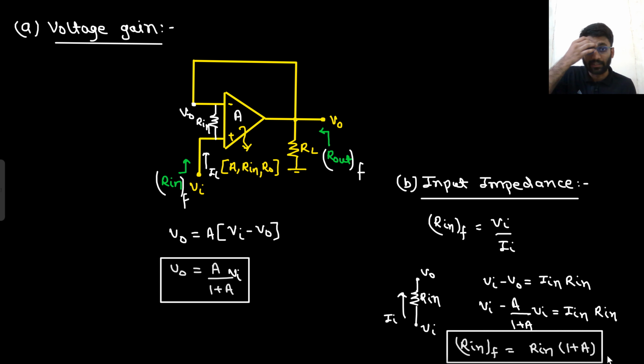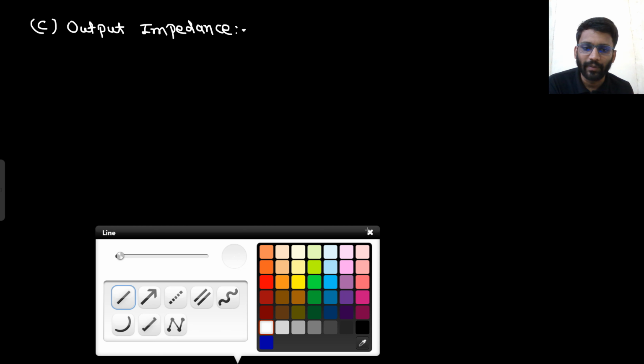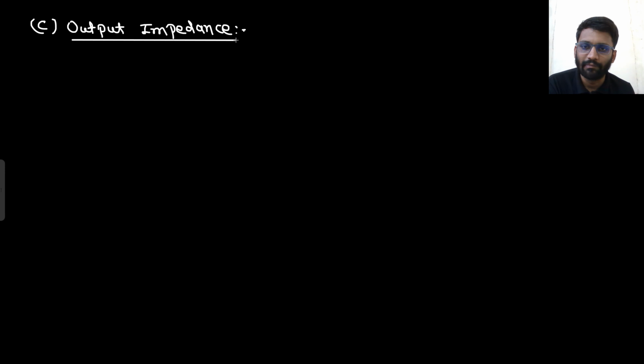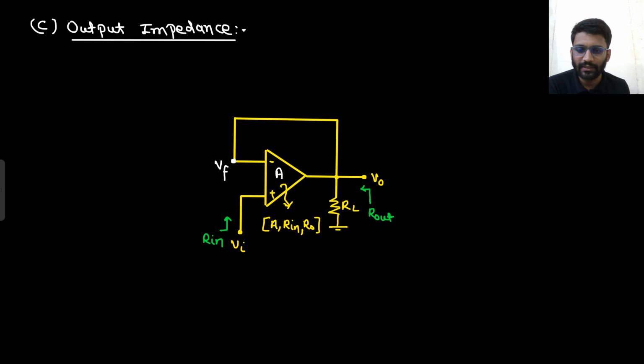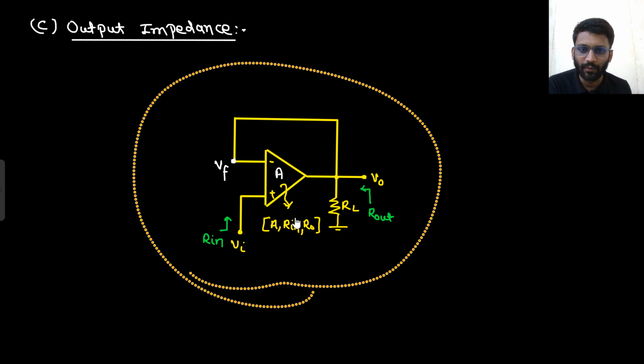What about output impedance now? You have to find output impedance considering the non-ideal op-amp. For output impedance, we always make an assumption. What is that assumption?